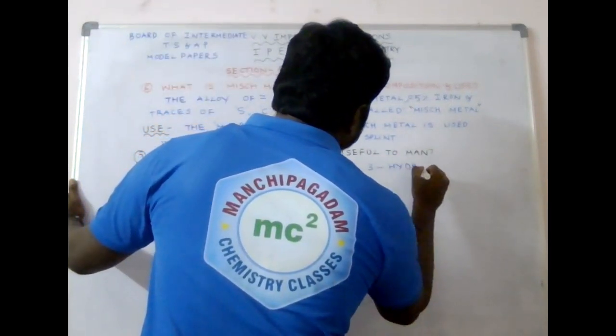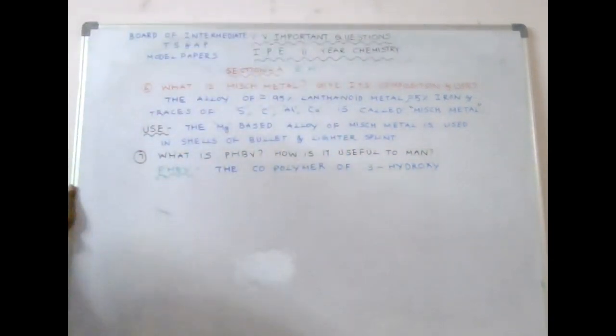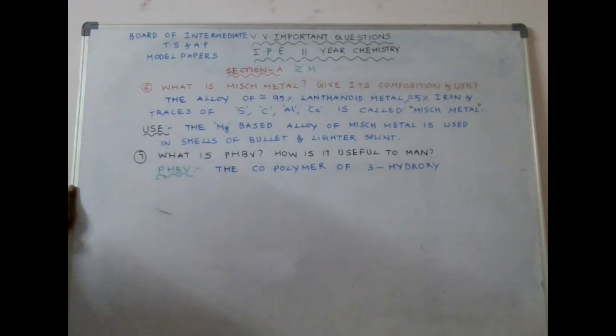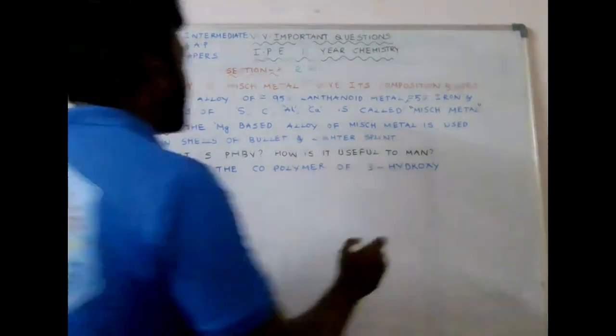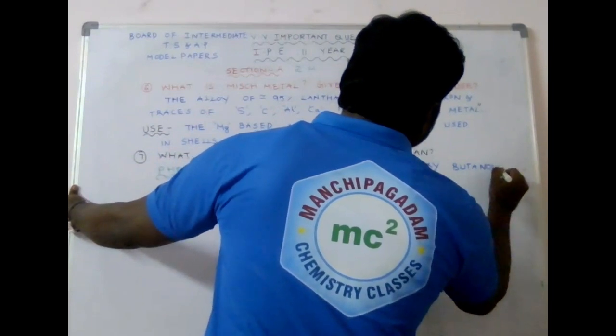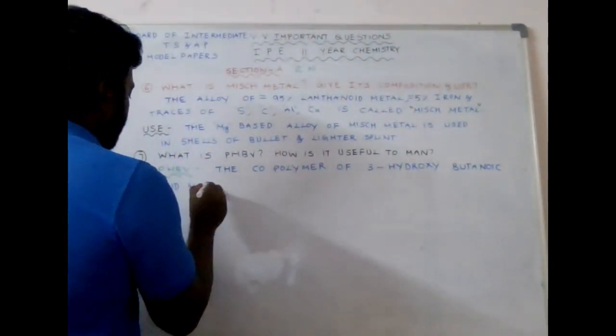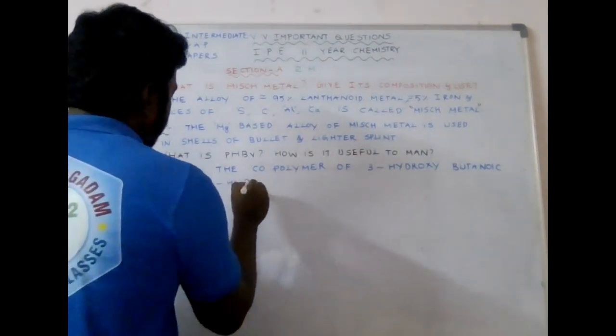3-hydroxy. Usually when writing the complete form of PHBV, we write beta, but here we are writing 3-hydroxy butanoic acid and 3-hydroxy pentanoic acid.